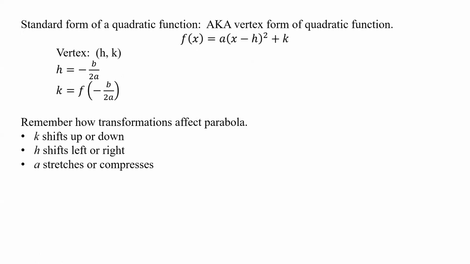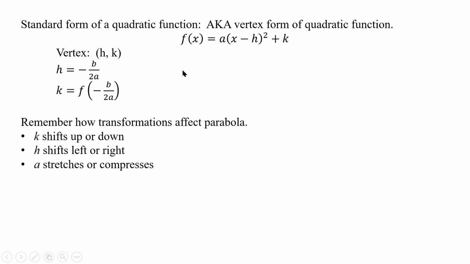Then we have the standard form of the quadratic function. It's also known as the vertex form because we have our h and our k, which is our vertex. In this form, it's a times the quantity x minus h squared, plus k. And we can get our h by taking minus b over 2a.